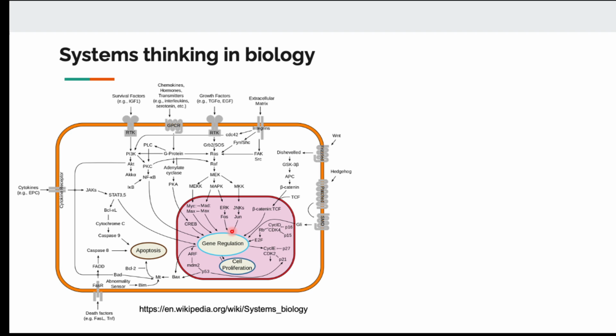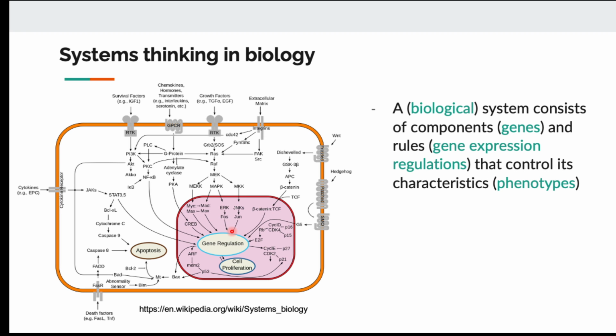The reason why we have to think about biology as a system is that it is a system. Each cell has a lot of components, like genes and proteins, and they have rules, like how the genes interact and how the proteins regulate each other. Together, the components and these rules, like regulation, control the phenotype of the cells.